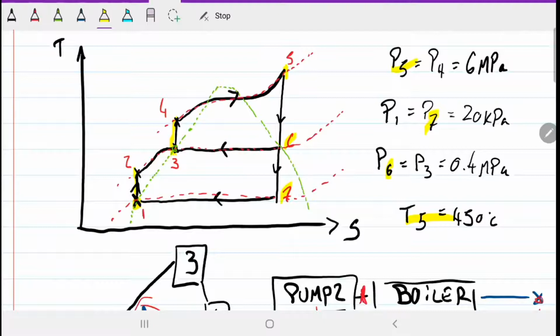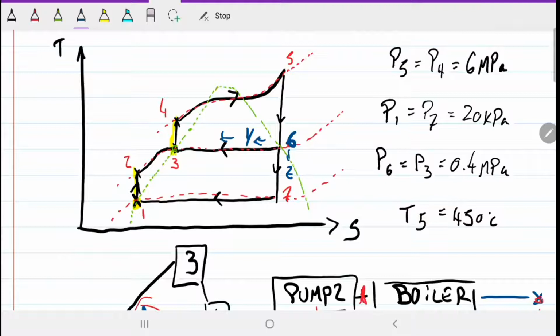The solving of this is not very different from what we did before. It's just understanding what is happening here. Now, one last detail that is important before we start solving this cycle is the following. Because we're splitting up the water at 6, we're going to have a Y here and a Z over here. Y is the proportion of water going in this direction, while Z is the proportion going in that direction.